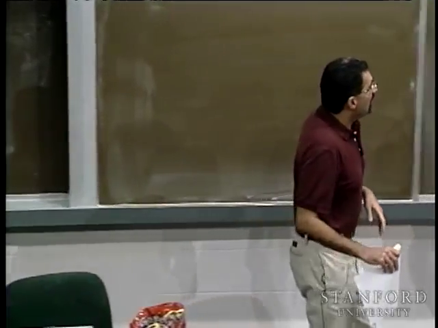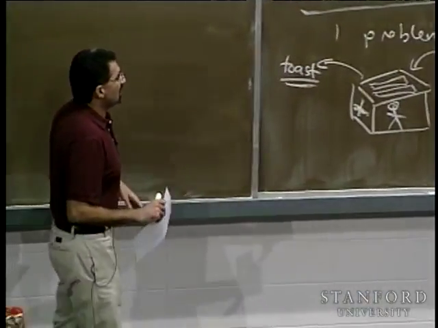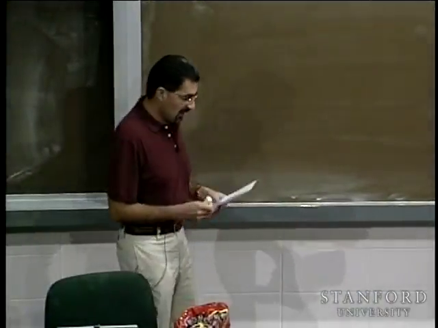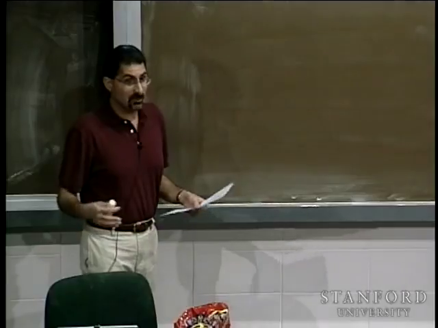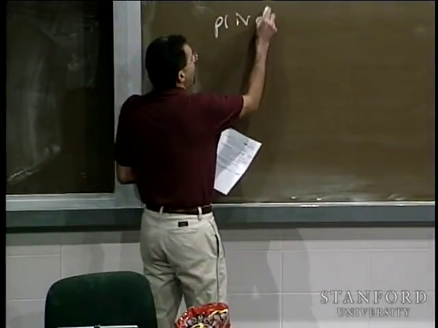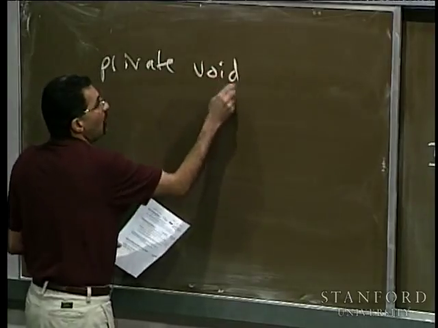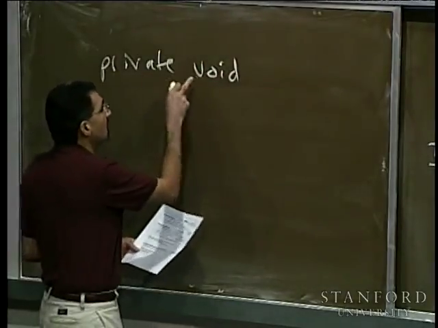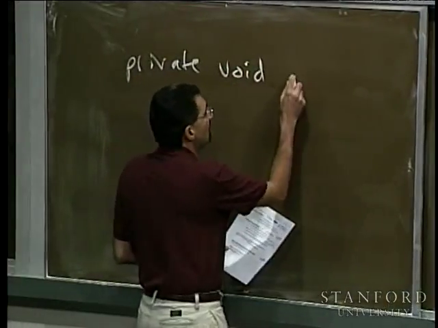Okay? Now, along with that, one of the things we also talked about last time is methods returning values. And I told you sometimes a method doesn't actually have to return a value. And that's when we have a private void as the return type, right? Void is the return type. Private's just the qualifier.